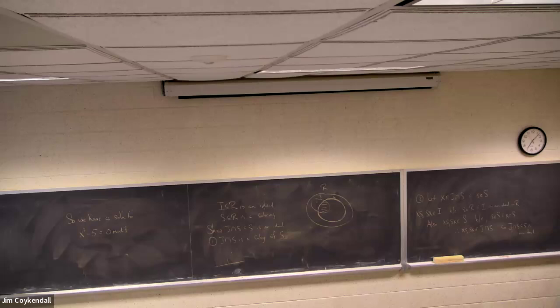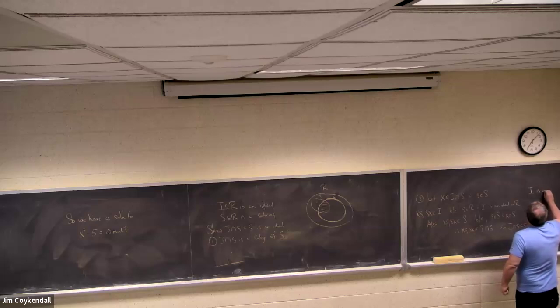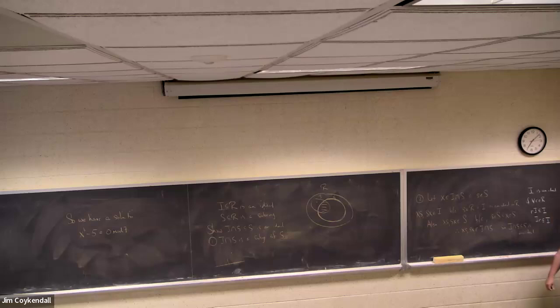What are you confused about? Right. That's exactly what I'm showing element-wise. What this means is for every I and every R, R times I is still in it. So I'm just doing it with elements, but it's the same thing.